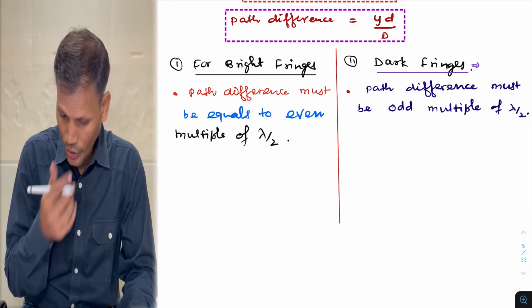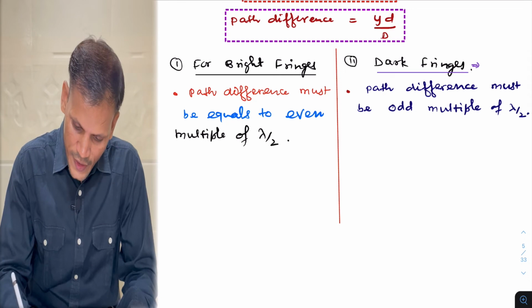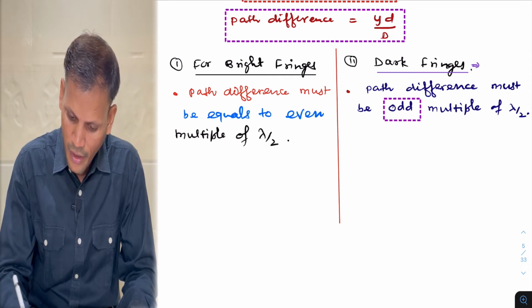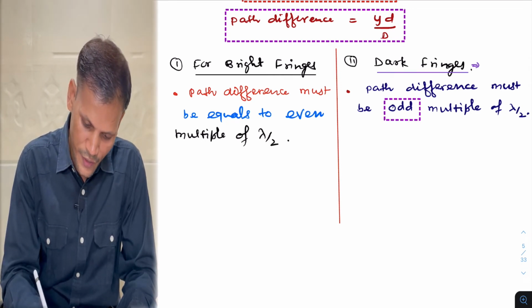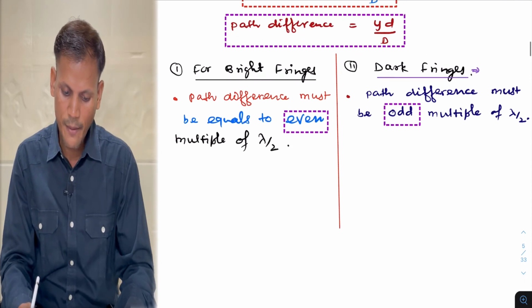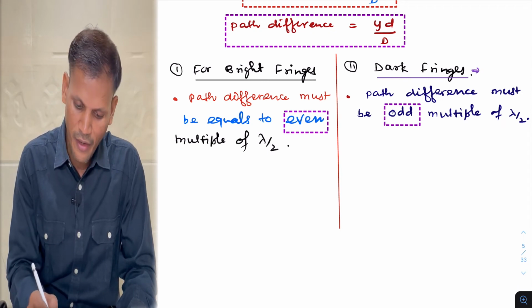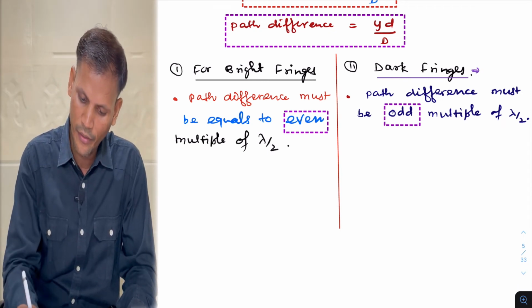This is an important thing. So two things I have mentioned over here. One is odd multiple of lambda by 2, and for the other it is even multiple of lambda by 2. So path difference must be an even multiple of lambda by 2 and an odd multiple of lambda by 2.